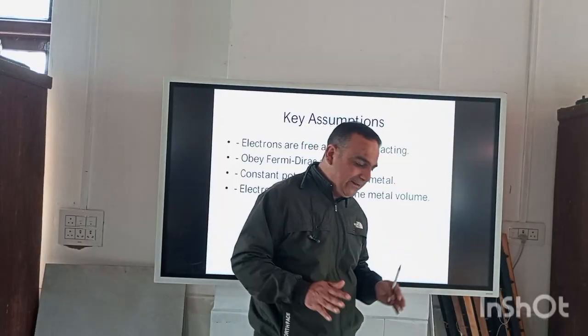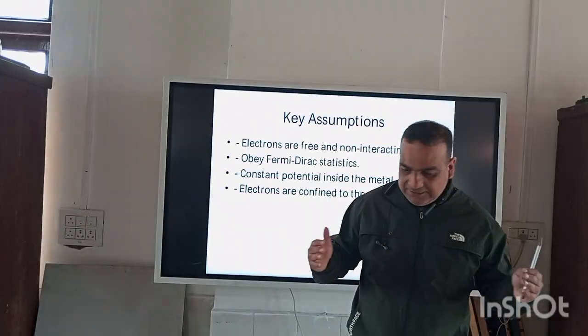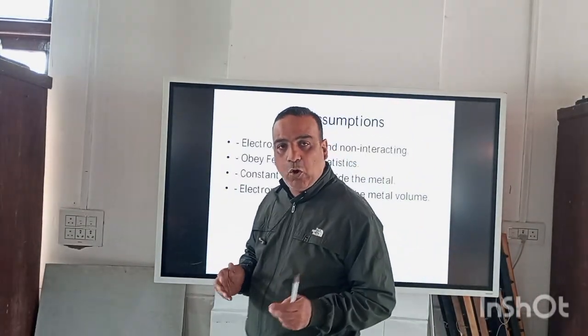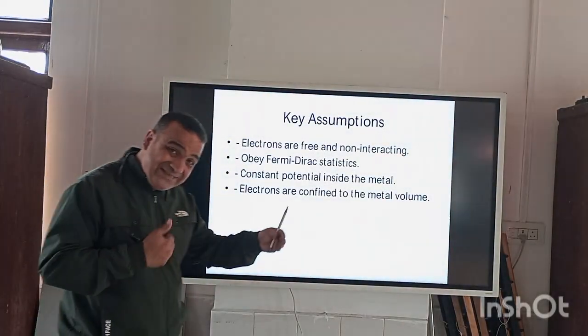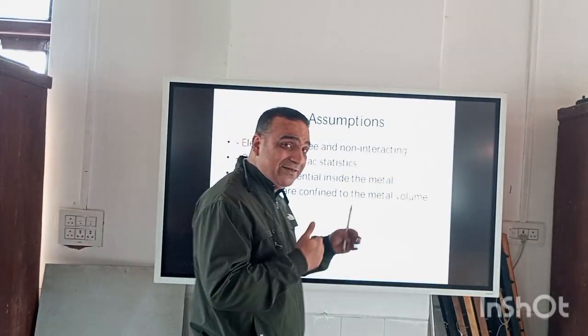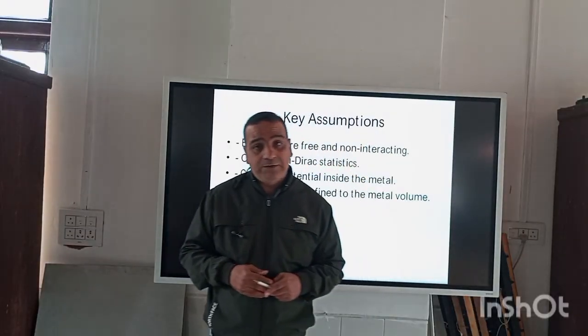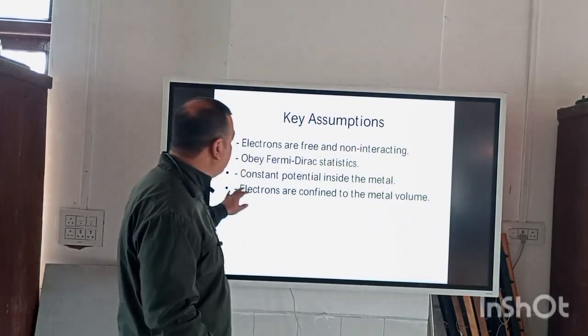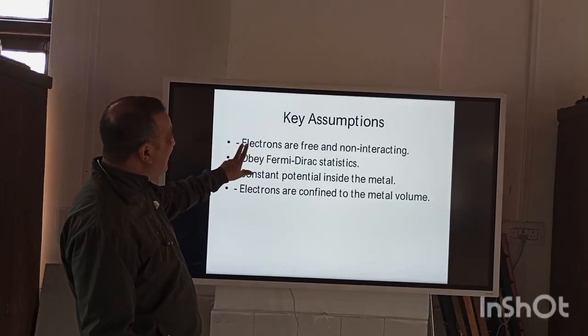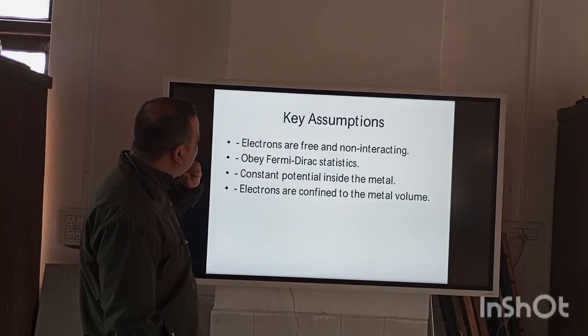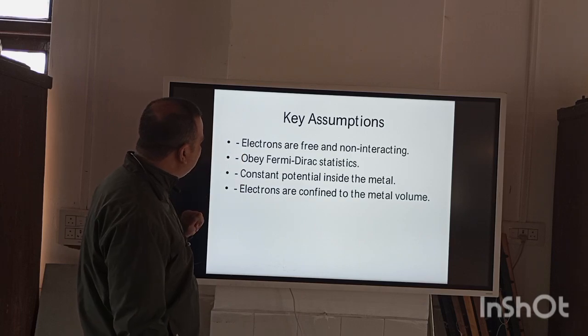This system of particles is called fermions, and the statistics that we use to understand the behavior of fermions is called Fermi-Dirac statistics. So Fermi-Dirac statistics is a basic tool for understanding the electron system of these materials.